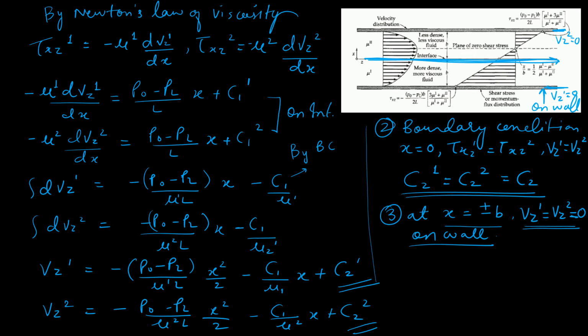Therefore, minus (P naught minus PL) upon 2 mu L b square plus C1 b upon mu1 plus C2 equals 0.